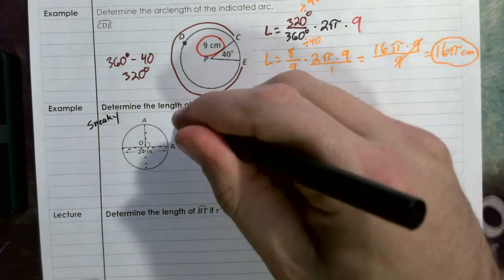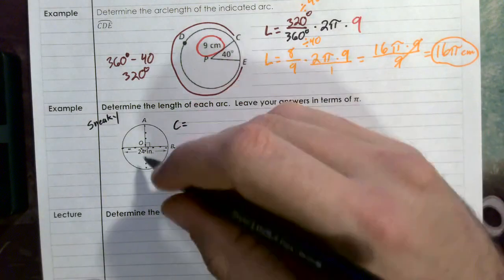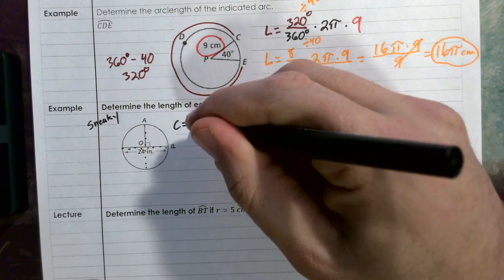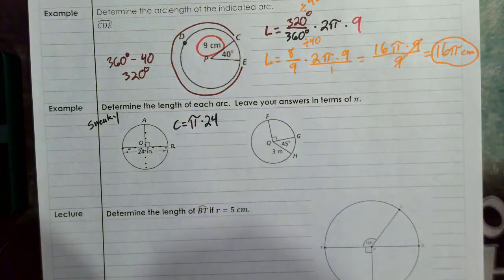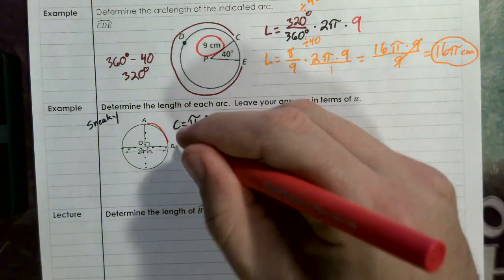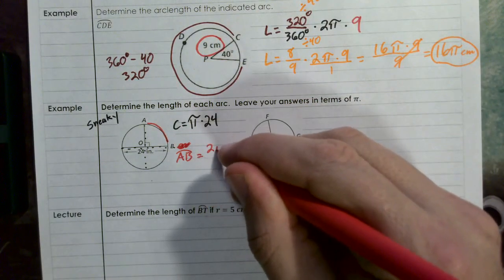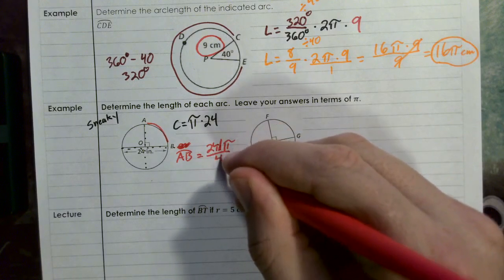So I just need the circumference of this circle. So the circumference, I've got my diameter, so that is just going to be pi times my diameter, which is 24. So each one of these little segments is going to be that 24 pi divided by 4.